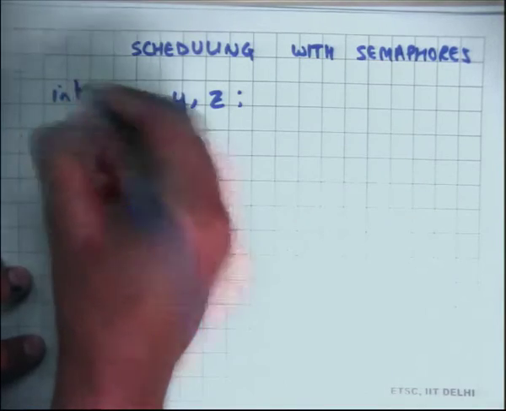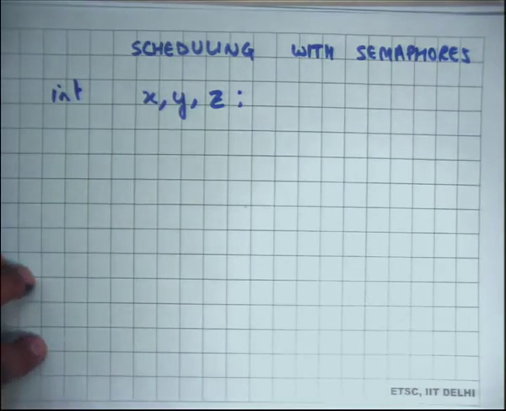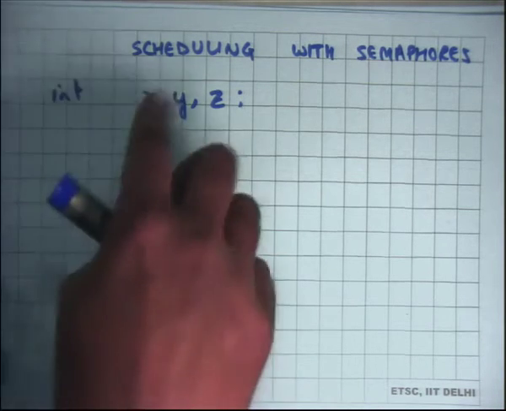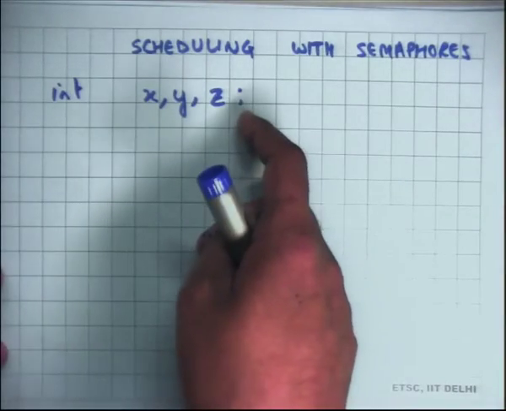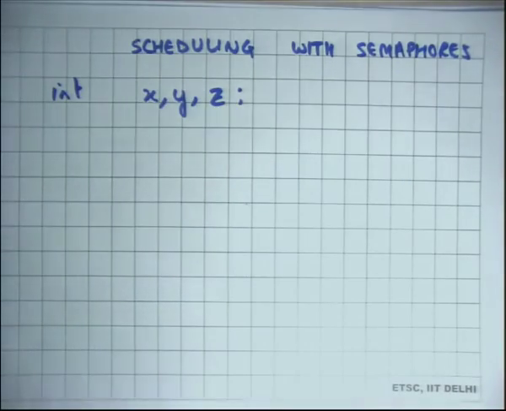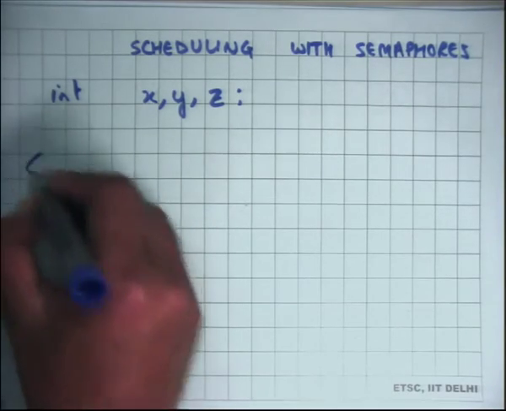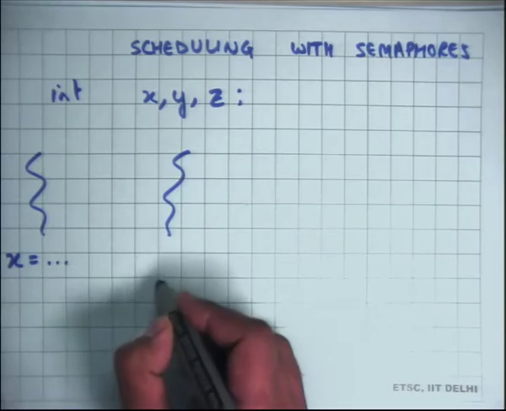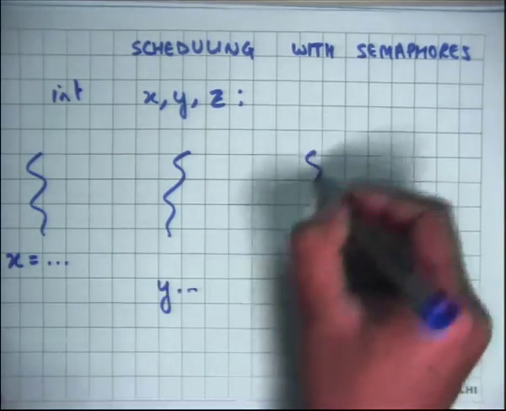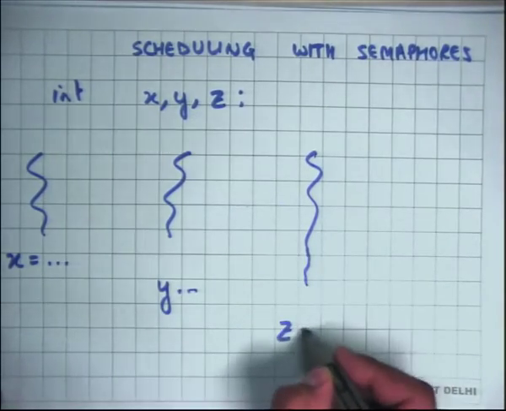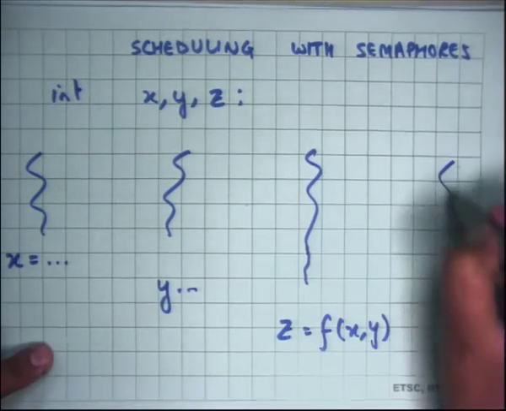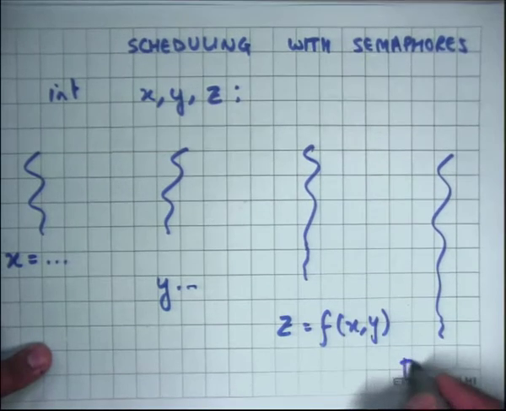Let's say these are integers, and somebody is going to compute x, somebody else is going to compute y, and then a third thread is going to use x and y to compute z, and then once z is computed, you want to print the value of z, right. So let's say there are 3 threads, one of them computes x, then another thread computes y, then yet another thread computes z as a function of x and y, all right, and let's say yet another thread prints z.